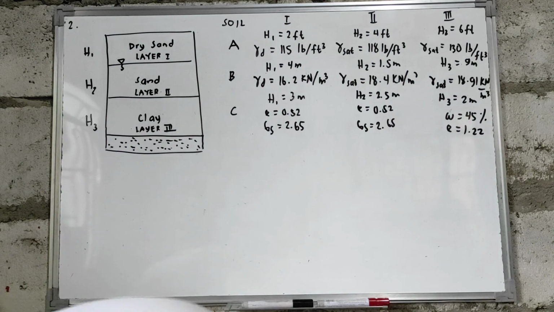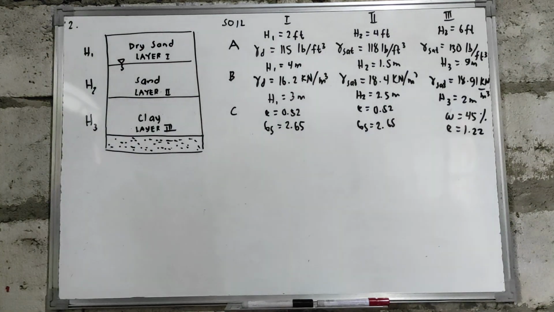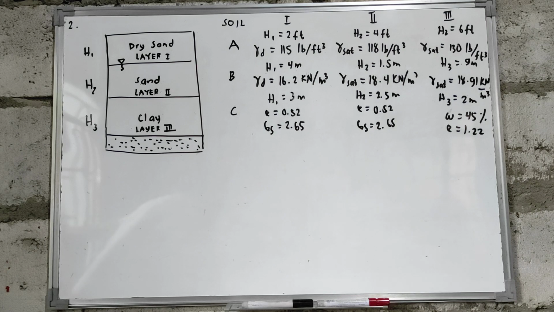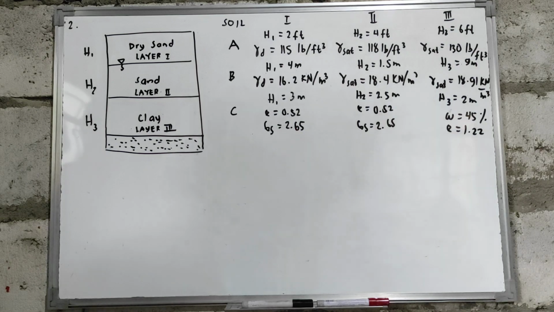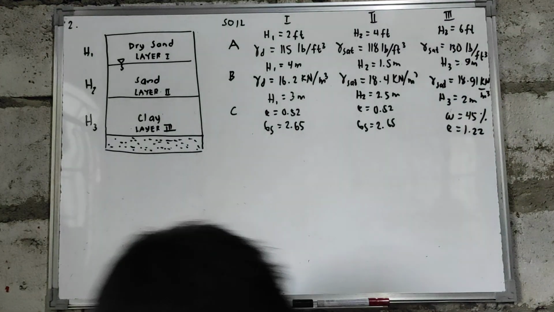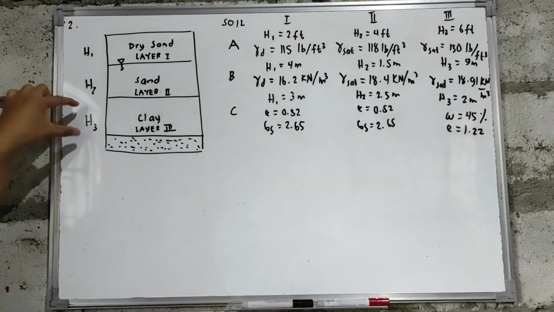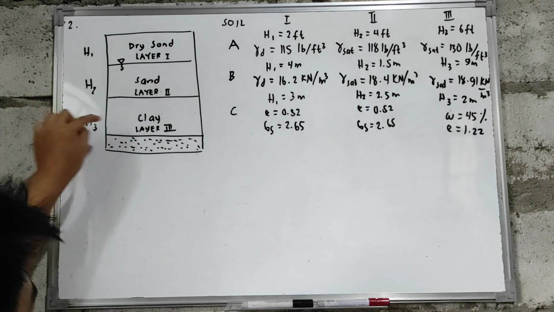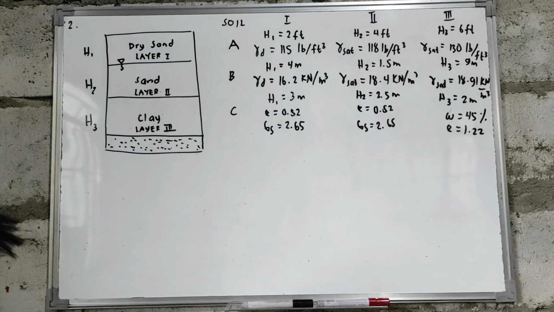So for this, yung layer 1 natin, which is a dry sand, meron siyang height which is equal to h sub 1. Tapos naman, yung second layer natin, which is a saturated sand, meron naman siyang height which is equal to h sub 2. And then lastly, yung third layer natin, meron siyang height na h sub 3.